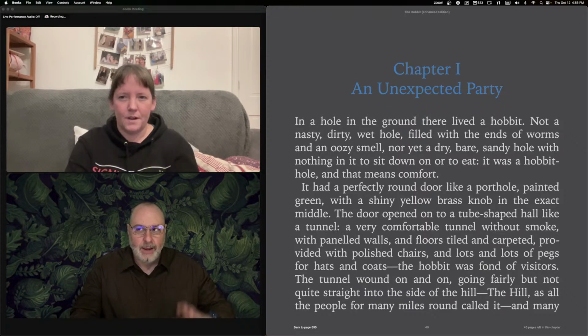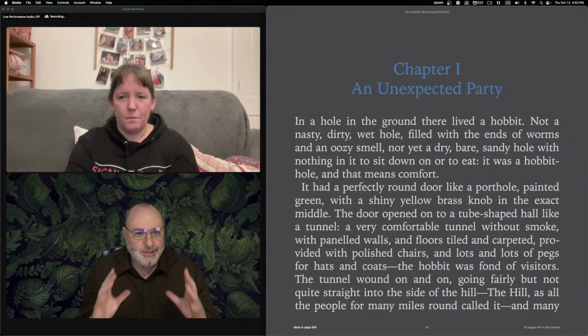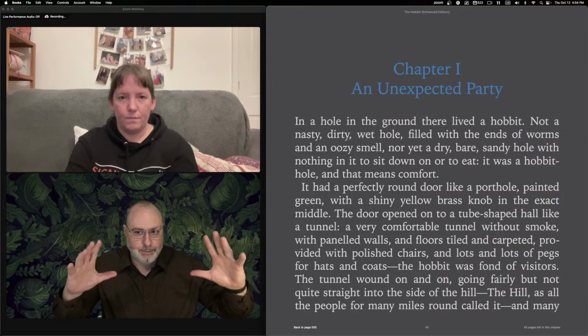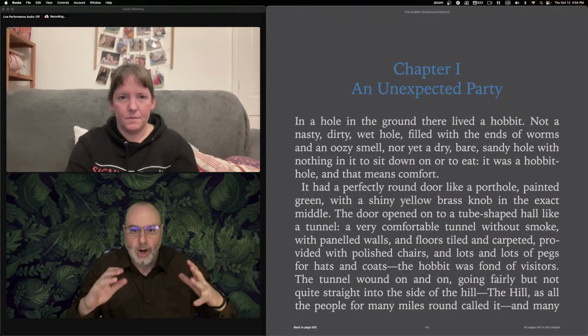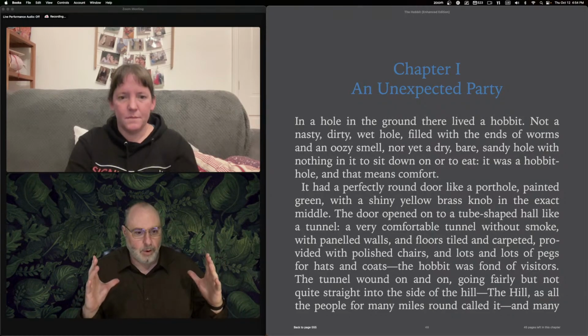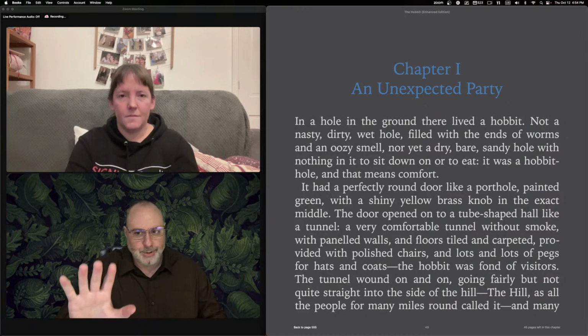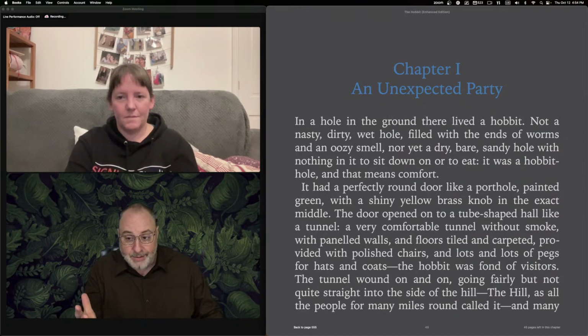But again, thinking of the description, the point I would make is that this happens so often. Tolkien effortlessly gets you to supply, like, he gives you more than enough to make it almost inevitable that you have formed a visual picture in your own head. But he doesn't just push his own visual picture into your head, apart from the couple details, like the green door and the yellow brass knob.